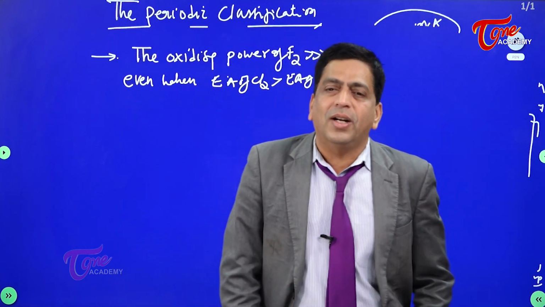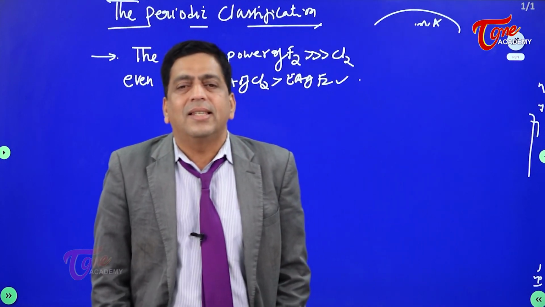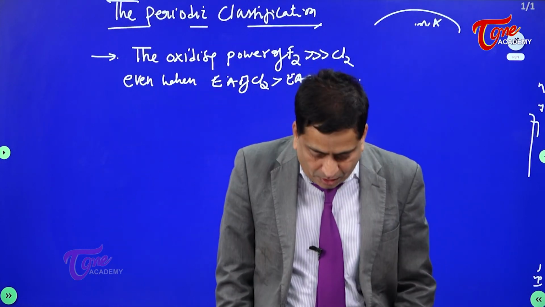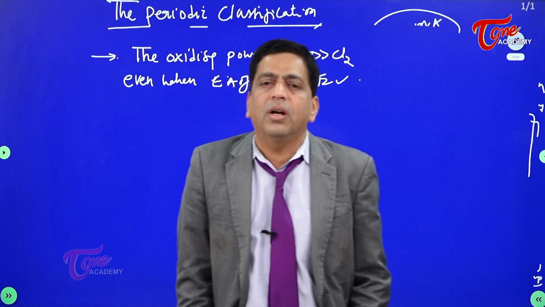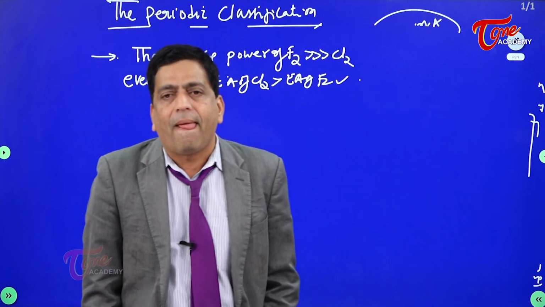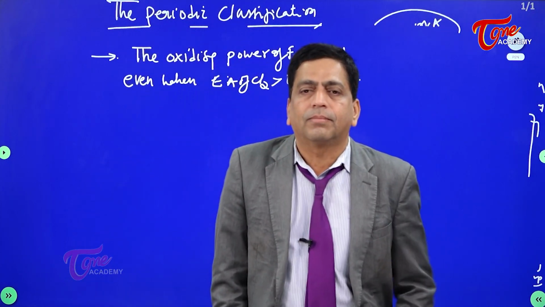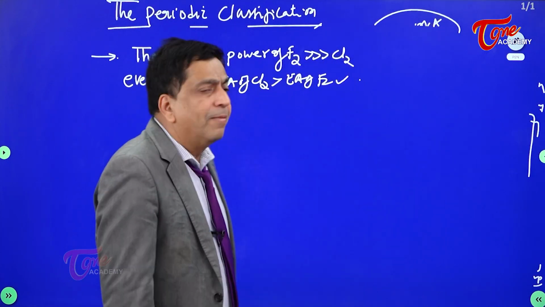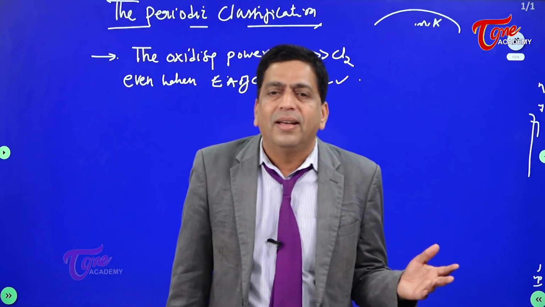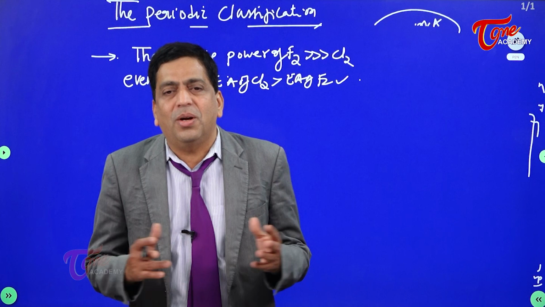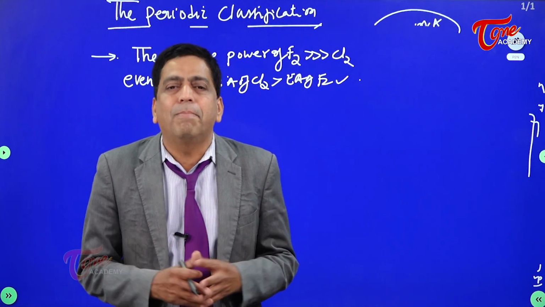Because first of all, understand electron affinity is something which is told for nonmetals. So all the examples which we take are of course nonmetals, and fluorine and chlorine are of course great nonmetals. It says the oxidizing power of fluorine is greater than what? Chlorine. So if you are a better nonmetal, you are supposed to have greater oxidizing power.